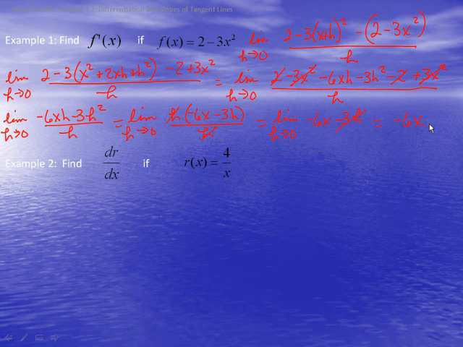All right, in example 2, we're going to take the derivative of r in terms of x. So once again, let's take the limit as h approaches 0, and we're going to do 4 over, this time we're going to put x plus h in the place of x, minus the function itself, all over h.